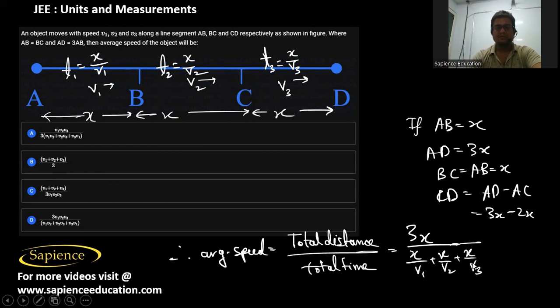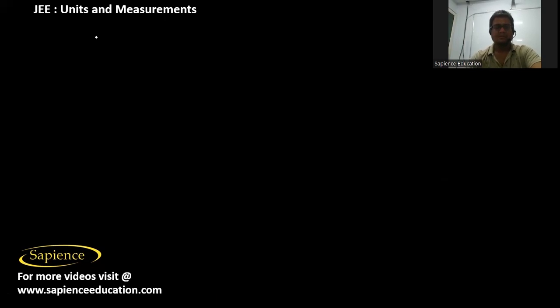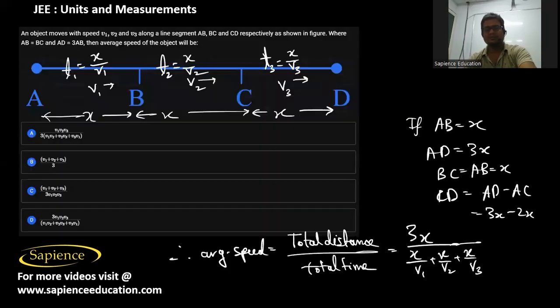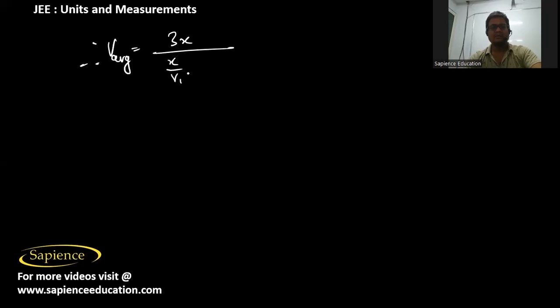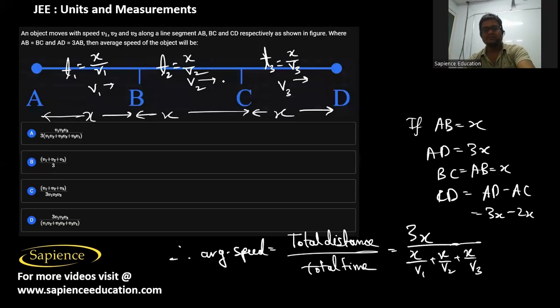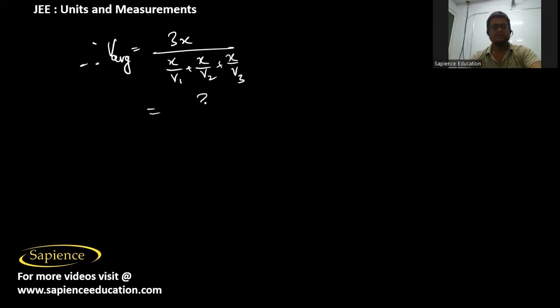So therefore the average speed v average will be equal to 3x by (x by v1 plus x by v2 plus x by v3). So I can cancel out x, taking it common, and it will come 3 by (1 by v1 plus 1 by v2 plus 1 by v3).